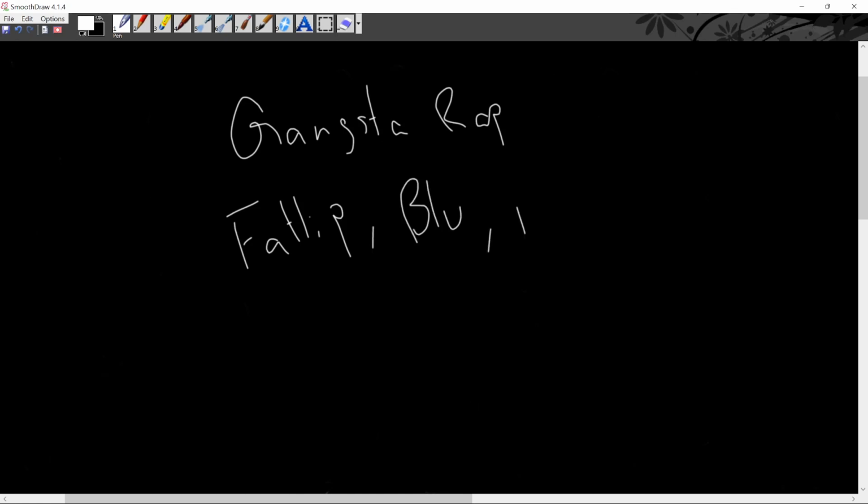Fat Lip, Blue, and Madlib are all on this very weird, weird song. When I first heard it, I didn't like it because I thought it just sounded bad. It made my brain sort of fuzzy because of the vinyl crackle. Madlib, I love Madlib, but it's a little bit excessive, honestly.